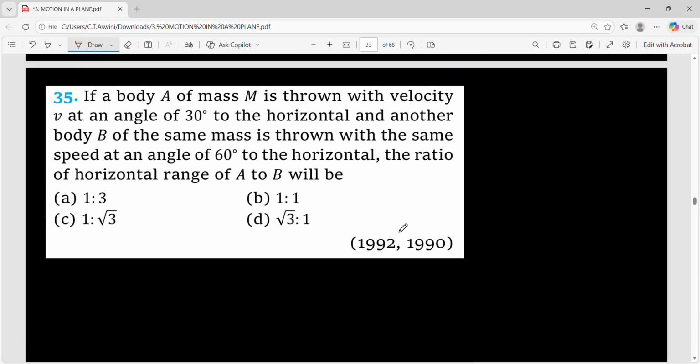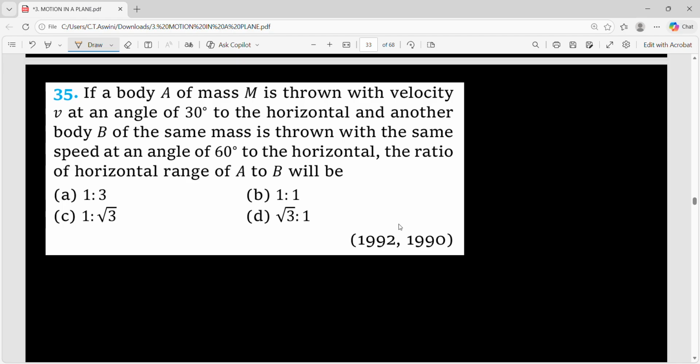Shall we do the problems? If a body A of mass m is thrown with the velocity v at an angle 30 degrees to the horizontal, and another body B of the same mass with the same speed is projected at an angle of 60 degrees. That means everything is the same. And just see this angle 30, 60.